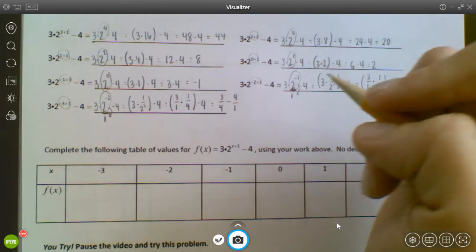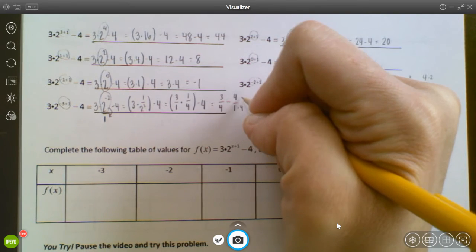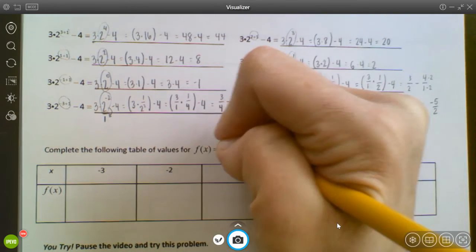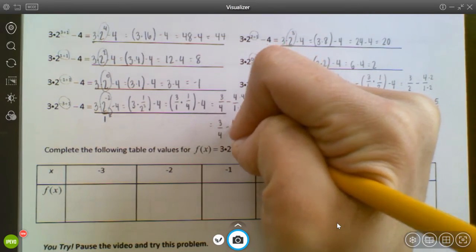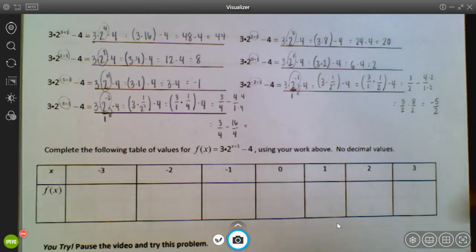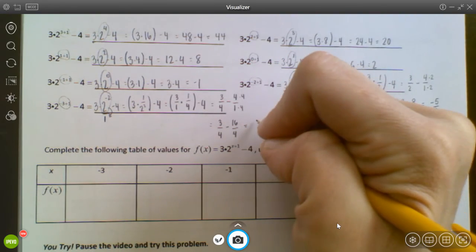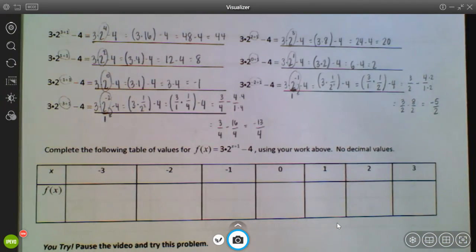And I'm going to need a common denominator. So between 4 and 1, my common denominator would be 4. So I'll multiply the second fraction by 4 here. This will leave me with 3 over 4 minus 4 times 4 is 16 over 4. So when I do my fraction subtraction, 3 minus 16 leaves me with negative 13 over 4.